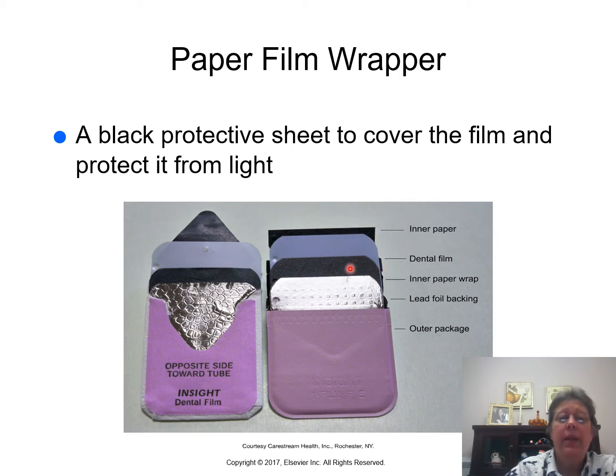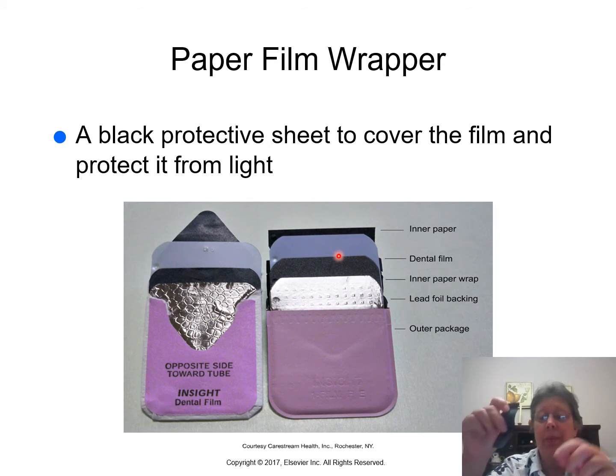Here is the paper film wrapper. It's kind of like a construction type weight paper, but it is black. It covers the film front and back.